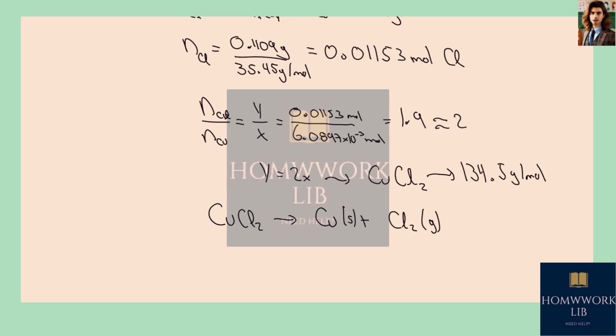So, the initial amount, which was 0.796 grams of the compound, if we divide it by this molar mass, should give us a value quite similar to the amount of mole of copper, which in this case gives us 5.9 times 10 to the minus 3 mole.